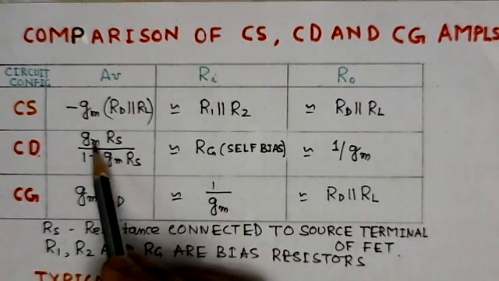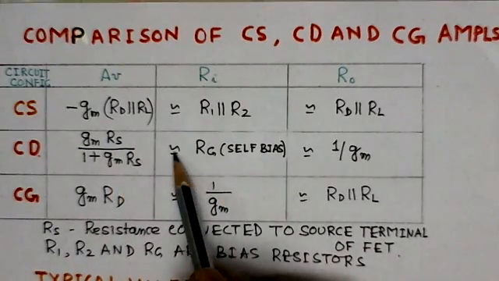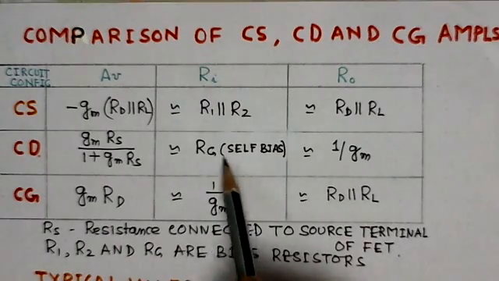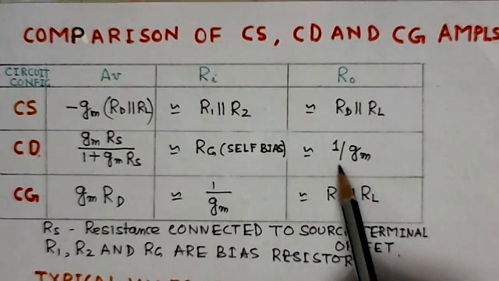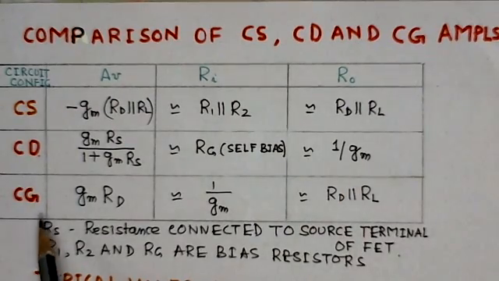For the common drain, AV is GM RS over 1 plus GM RS, RI is nearly RG, the self-biased resistance RG, and R0 for the common drain is 1 over GM, some small value.